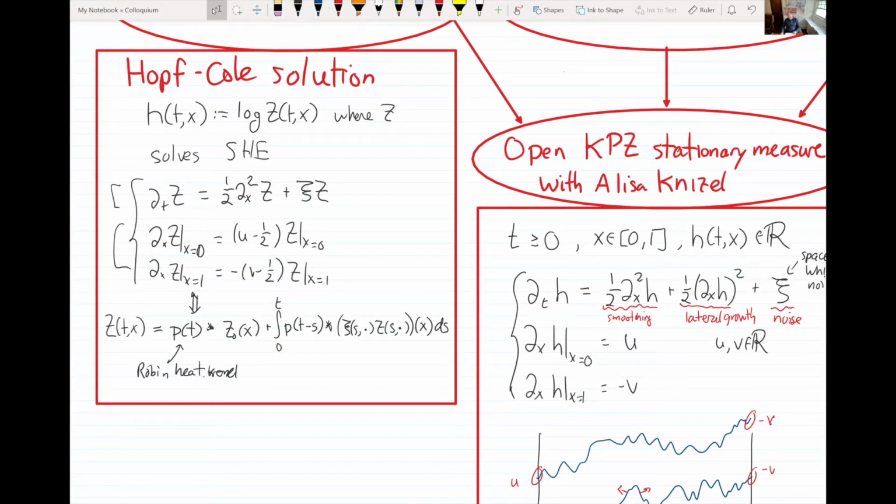And at this point, you can actually just use Picard iteration to show that there exists a solution to this equation. Okay. So you do this Picard iteration scheme, and this will actually define an infinite series, which is called a chaos series. And this will be a solution, a strong solution for the stochastic heat equation.